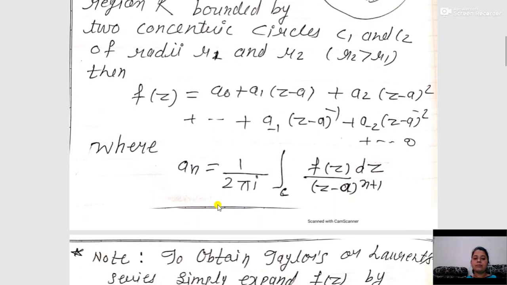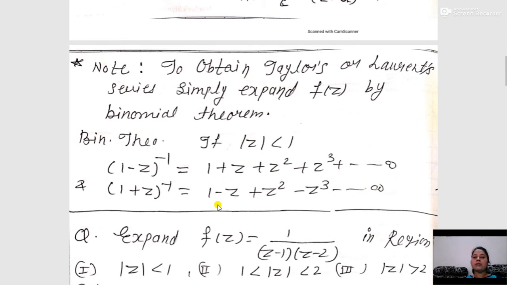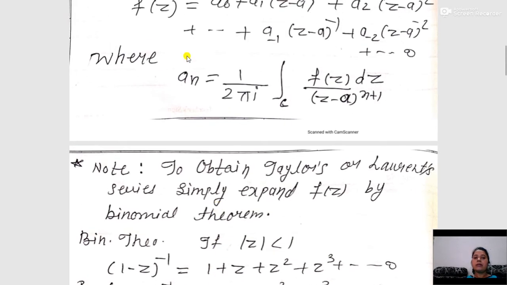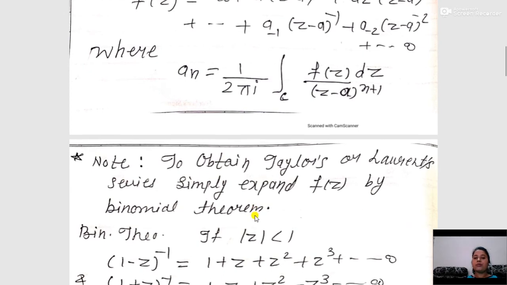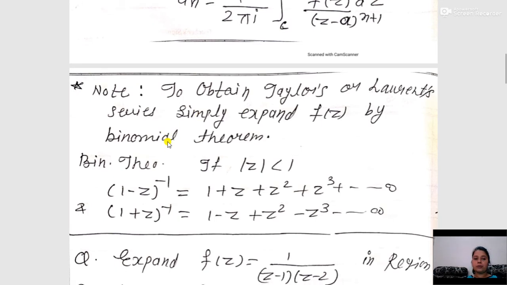Now you note that to obtain Laurent or Taylor series, we don't find these coefficients using this formula. What we do is simply expand f(z) using the binomial theorem.